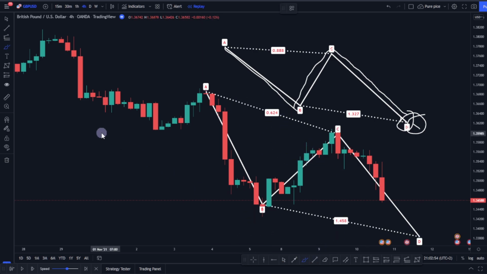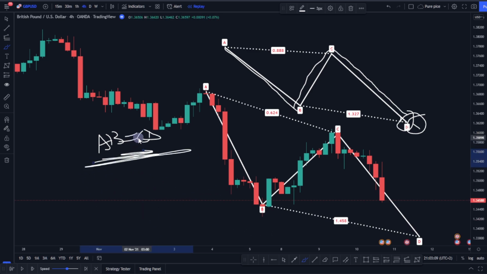We have AB equals CD, and then we have the ABCD classic and ABCD extension. I'm not going to pay attention to the last two that I mentioned. The focus here is AB equals CD, which means that A to B should be equal to C to D. So this CD should be equal to AB, just as the name says.